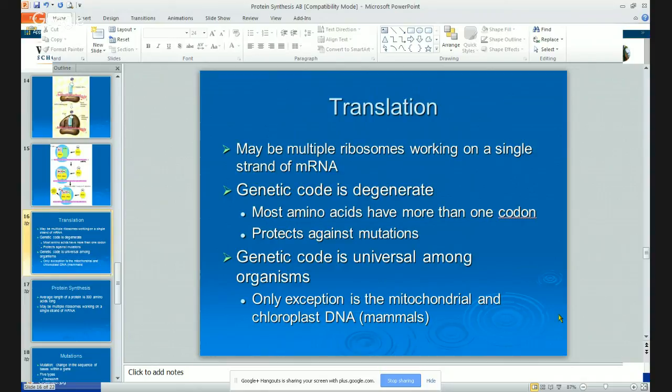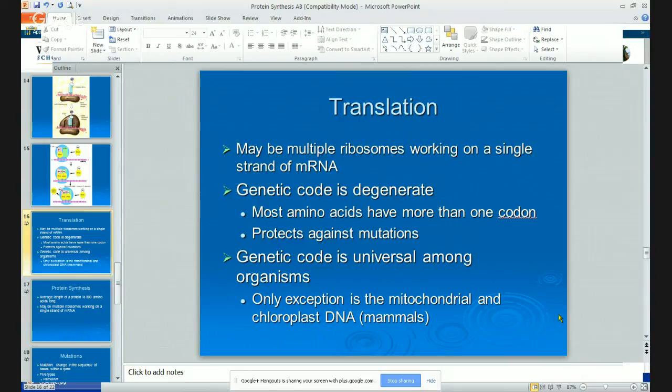And again, this probably doesn't make a lot of sense. It should make sense when I show you the table on Monday. The reason why we have this in place is so that if for some reason your ribosome reads it as CCA instead of CCG, those two codons are going to code for the exact same amino acid.